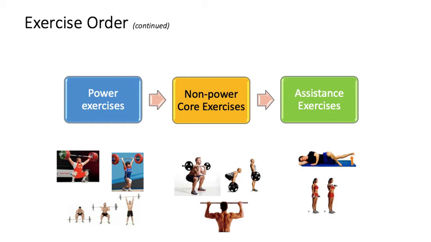These are exercises where you're either using assistance or you're isolating a specific joint, like a bicep curl or a tricep extension, where you're using dumbbells or cables, isolating one joint, for the most part one muscle group. These are called assistance exercises, and they can be done when you are relatively neuromuscularly fatigued, after you've done your power and non-power core exercises.